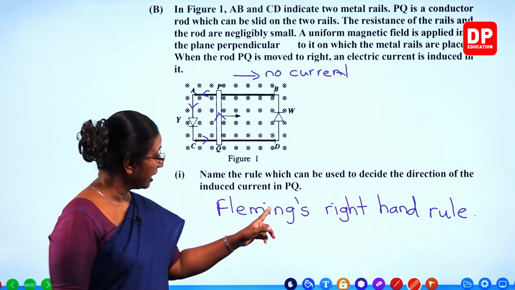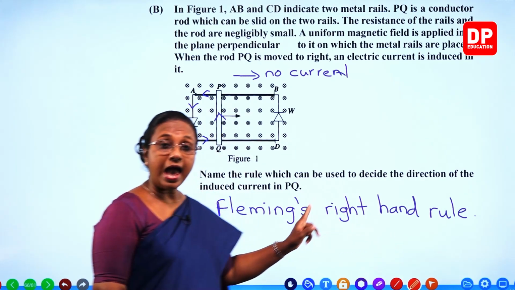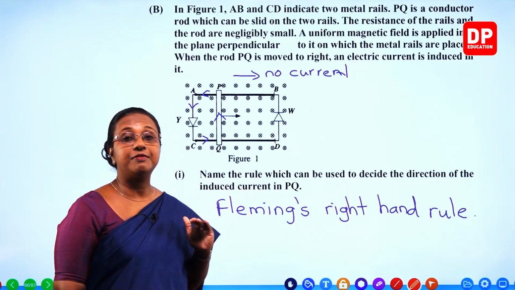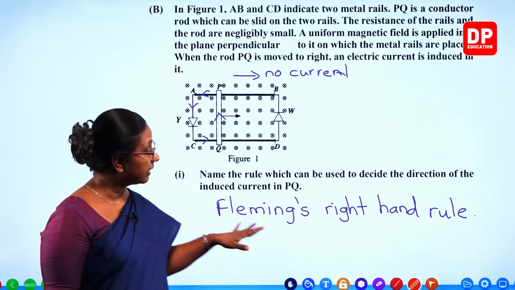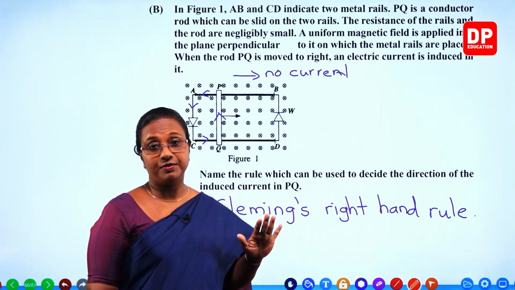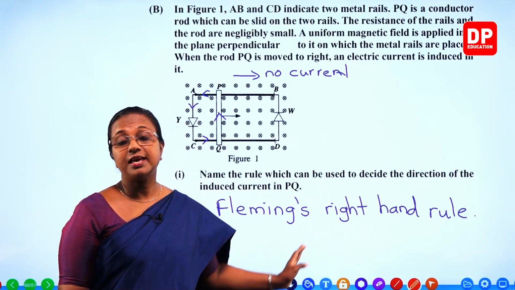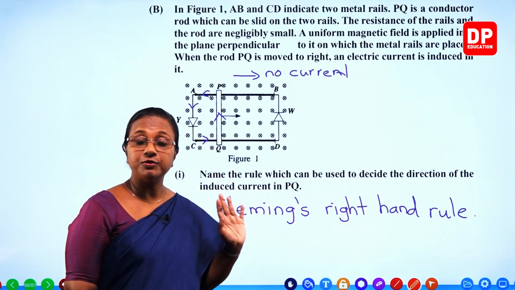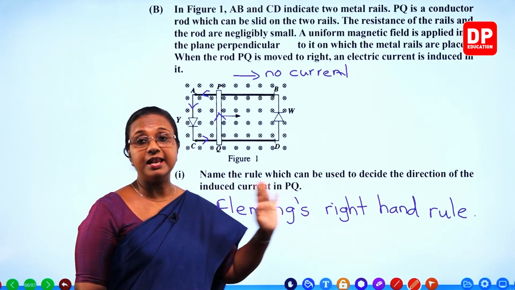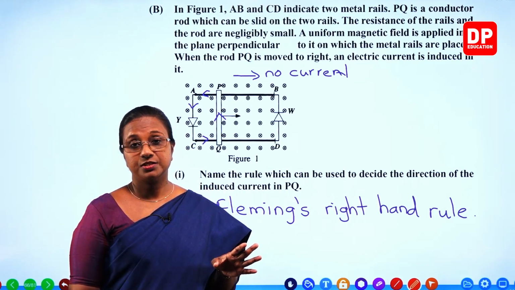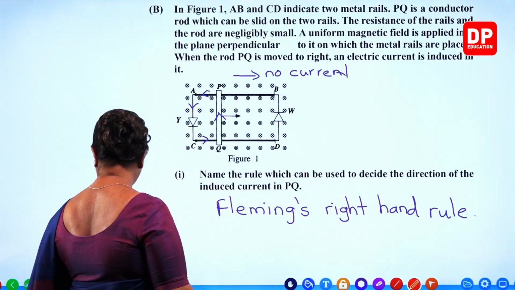So you have to write it as right hand rule and also say Fleming's right hand rule. The complete answer should be given. You can't just say Fleming's rule or just say right hand rule. You have to write it as Fleming's right hand rule. Is that clear?